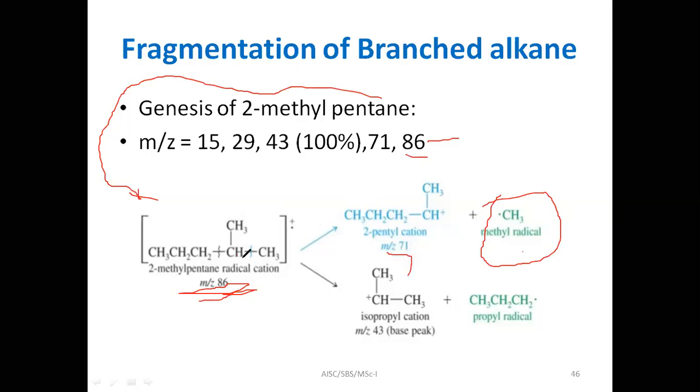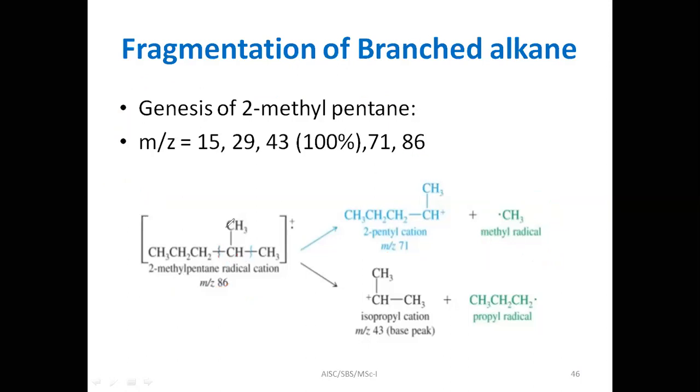Okay, if you break this way, you are getting positive charge here and the dot is here. So that is the second way, breaking of that black way. So you are getting CH3 CH CH2 positive and this propyl radical, so you are getting 43. Is it stable? Yes, it is stable because it is a secondary or tertiary cation, and you will get a propyl radical.